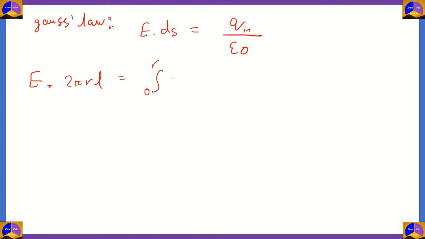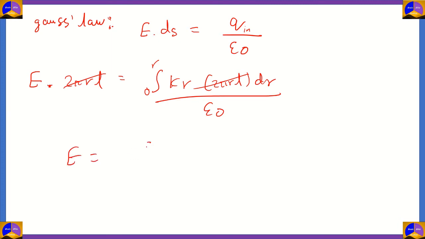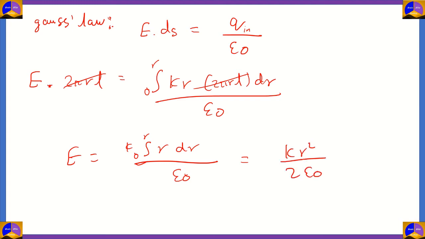So integration from 0 to r, kr times 2 pi rl times dr divided by epsilon naught. So you have 2 pi rl on both sides, so you can cancel them out. So the electric field E equals k times integral 0 to r of r dr divided by epsilon naught. So that is k r squared divided by 2 epsilon naught.